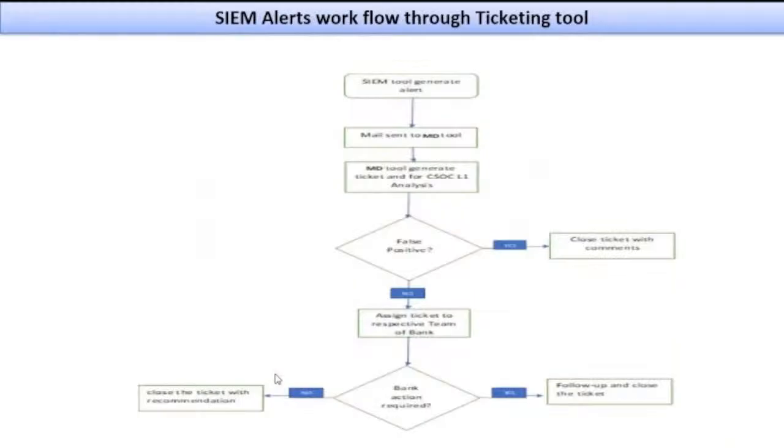So we move next. Here, SIEM alert workflow through the ticketing tool. In a normal scenario, whenever we get the alert, the SIEM tool alert is generated, and then it is integrated to the ticketing tool also.